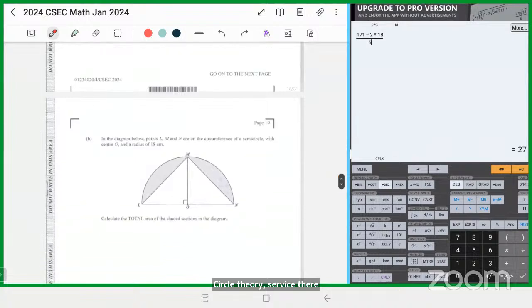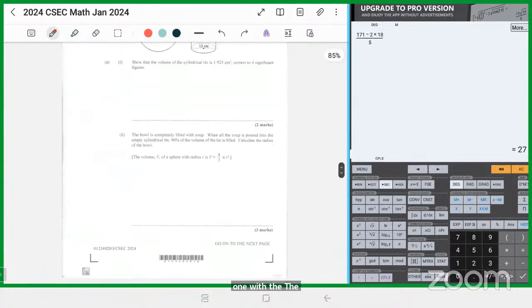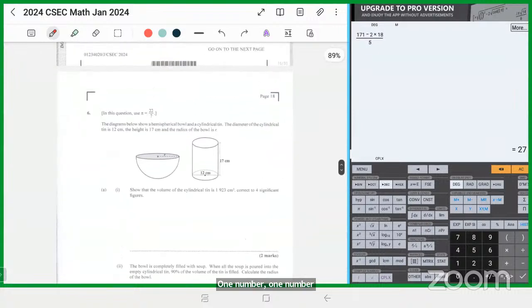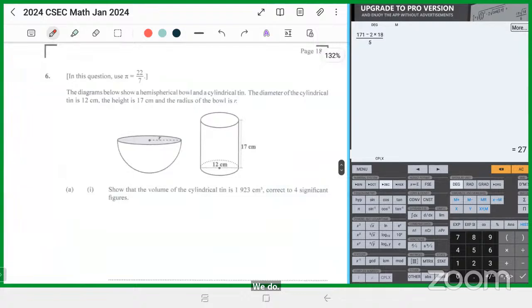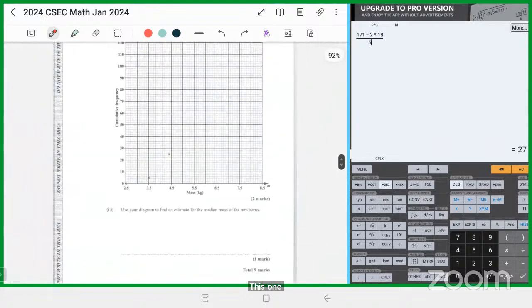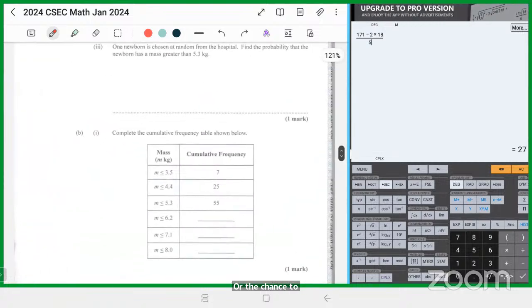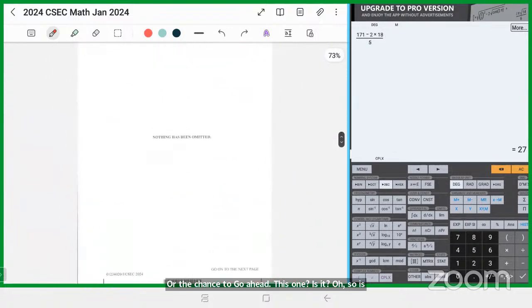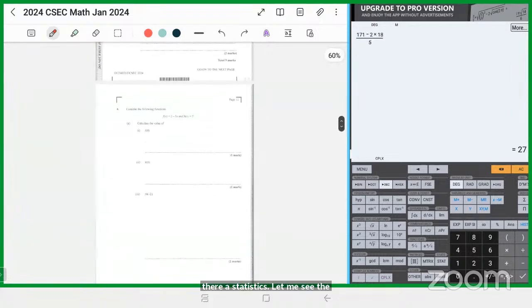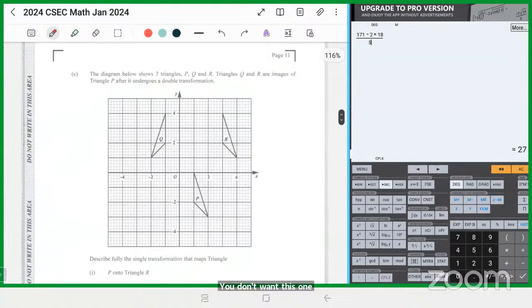I mean, the one with the diagram. The reflection one, or the transformation? No, you want that one. This one? Statistics, yeah. Oh, so it's a reflection one, or the statistics. Let me see the reflection one on this. Transformation. You don't want this one? Yeah. You want that one as well?